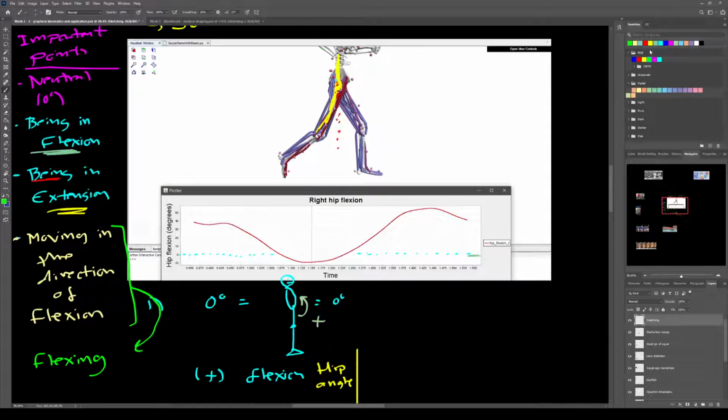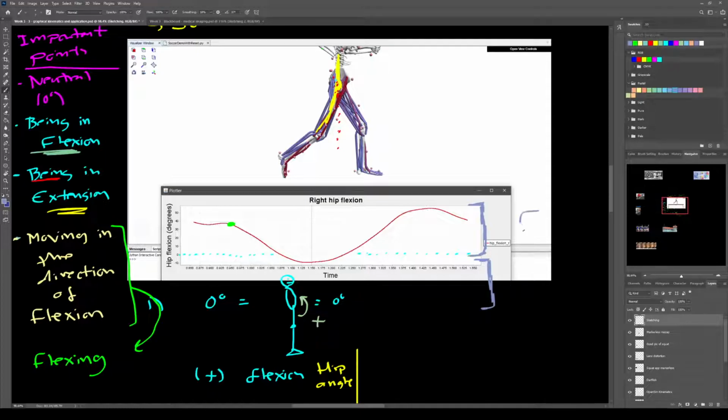So when on this graph are we flexing the hip? So that would mean that wherever we are, we're at some point. Let's just pick a point. Let's say like right here. Are we flexing the hip? Well, I'm going to say no, because we just said back up here, hip flexion is when you're up in this part, and hip extension is when you're down in this part.